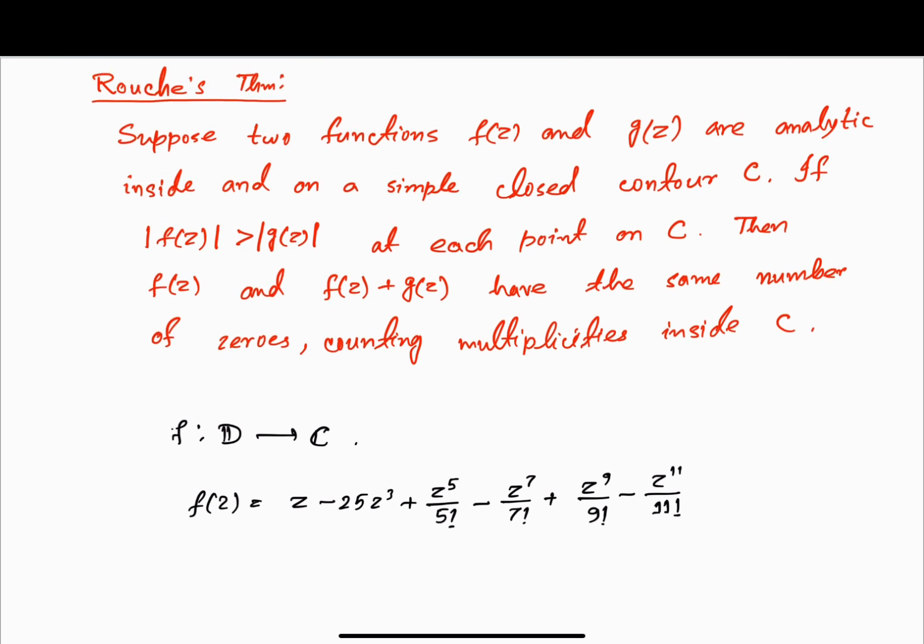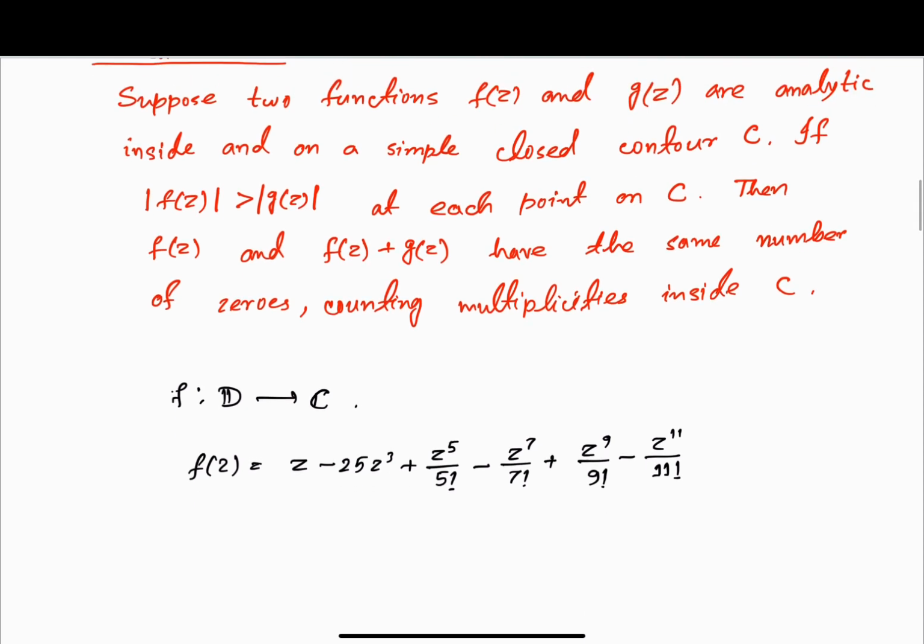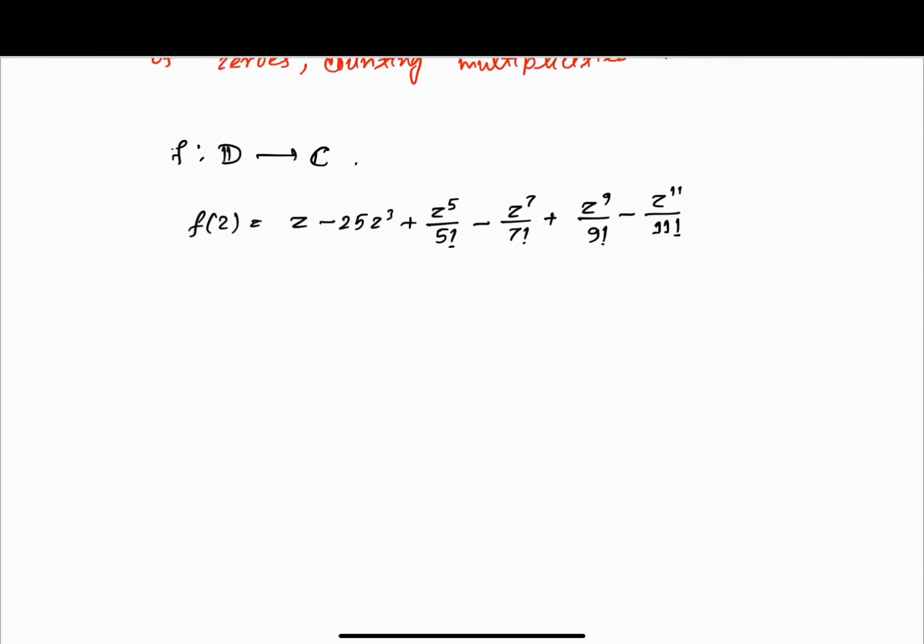For that we need to compare between two functions, right? So we'll choose two functions, one of which will be a simpler function, so that we can say that it has this number of zeros. From there we can deduce the number of zeros for f. So let's take h(z) to be minus 25z cube. This part we will take, right?